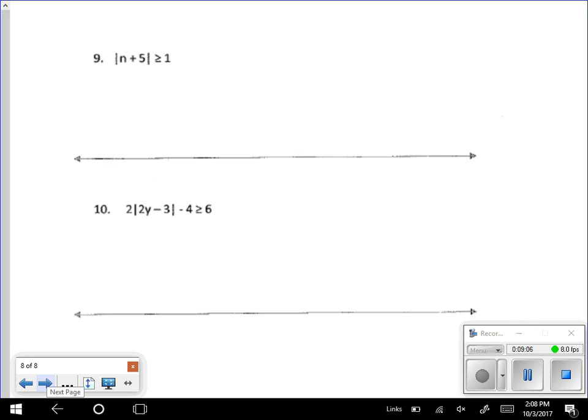Awesome. Let's continue our last two here. So for number 9, we have another or. Didn't have a lot of and on this paper. So we're going to break it apart. n plus 5 is less than or equal to negative 1, and n plus 5 is greater than or equal to 1. Subtract 5 from both sides.